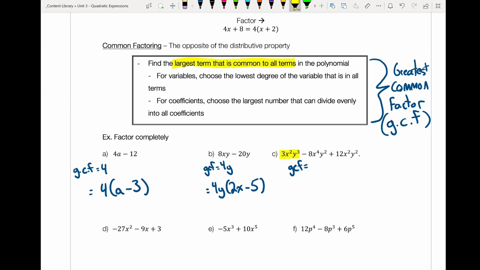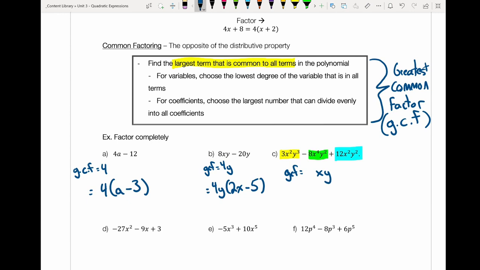So there is one term, there is another term, and there is a third term. So I want to figure out what variables are common between all of these. In this case, they all have x's and y's. So I know my greatest common factor is going to have at least an x and a y.